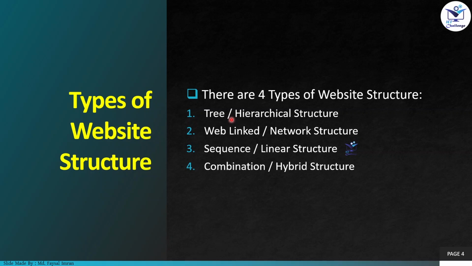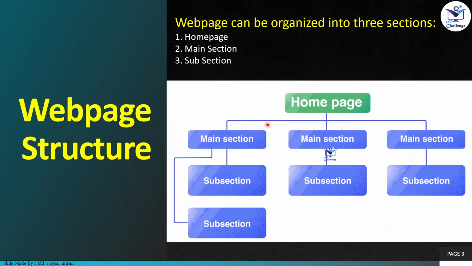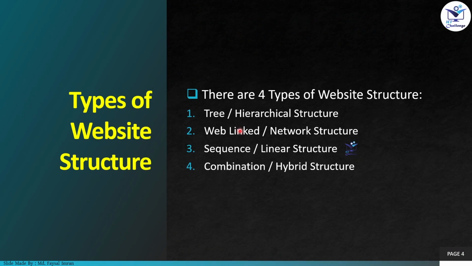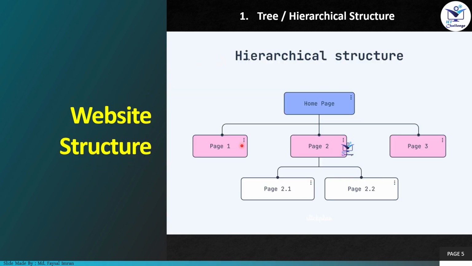The previous section was how you organize the web page, and this structure indicates how your website works. Now let me elaborate. Website structure 1 is the tree or hierarchical structure.